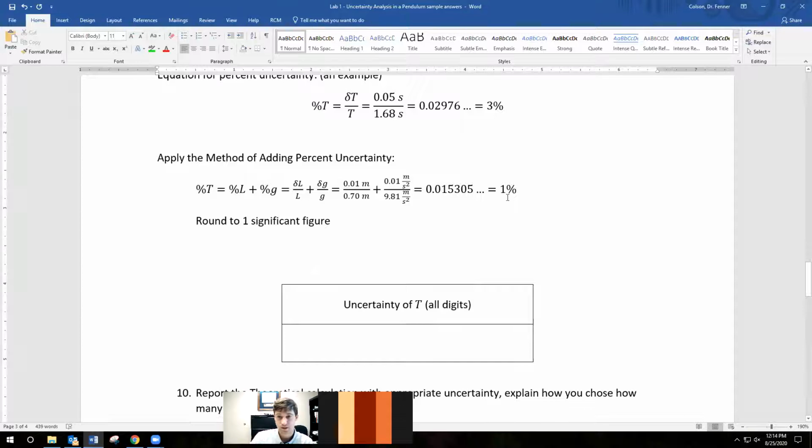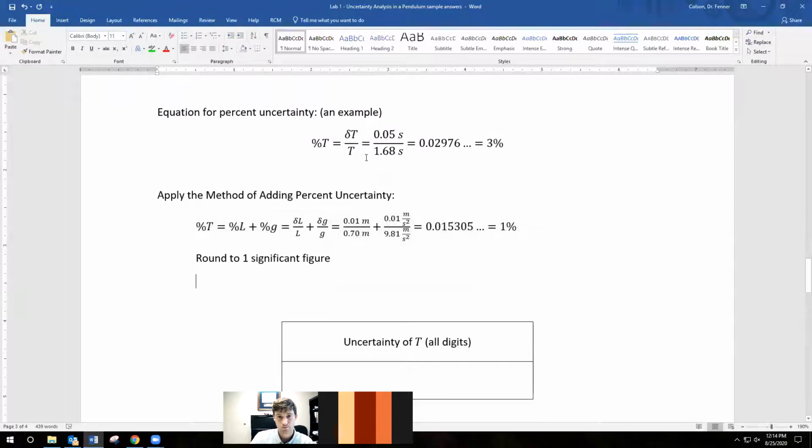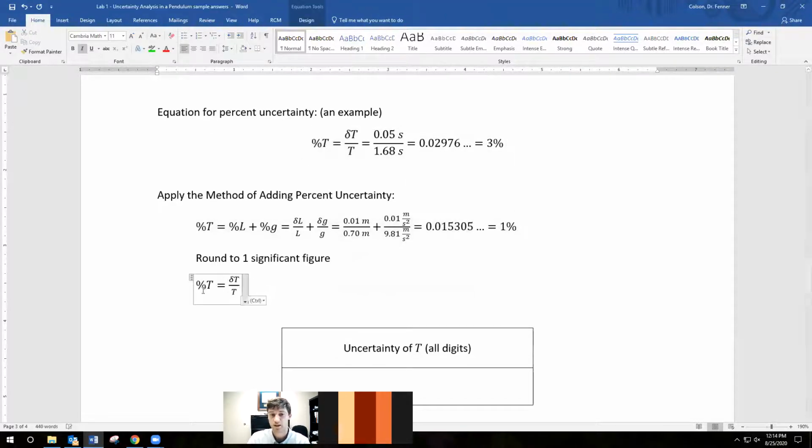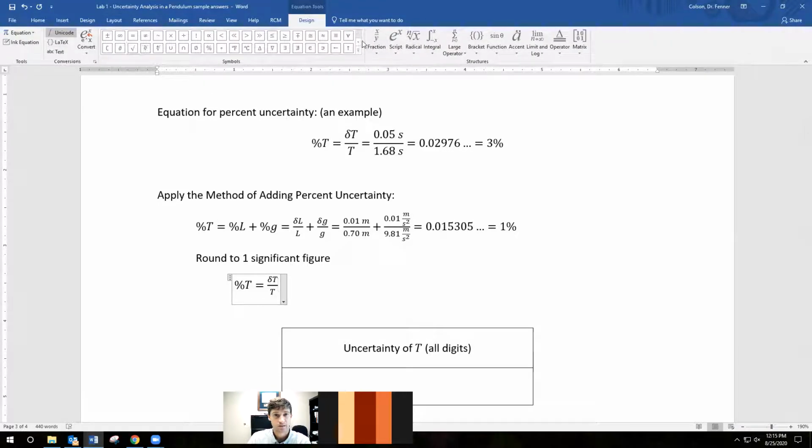So the uncertainty of t can be determined by applying the equation for percent uncertainty again, except now we're applying it to the equation rather than experimental data. We've just calculated the percent uncertainty of the time as being 1%, and we're looking for the uncertainty value itself.